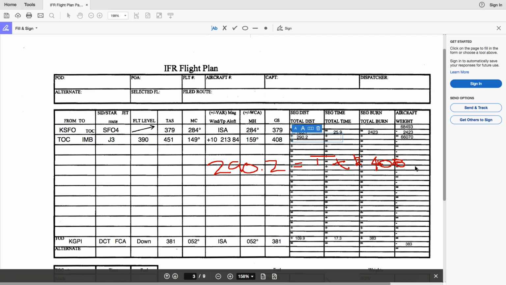That gives us 0.71. To convert that to minutes, we multiply that by 60. 0.71 times 60 is 42.6.